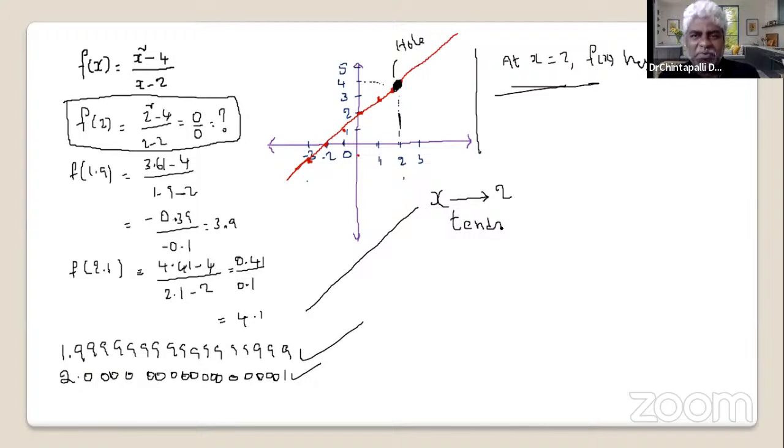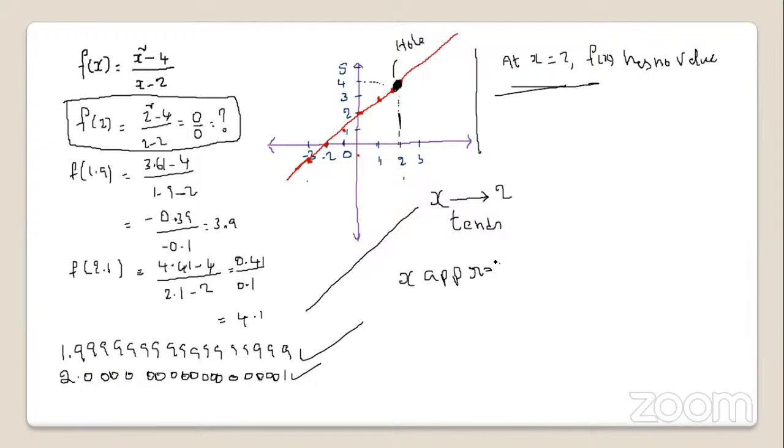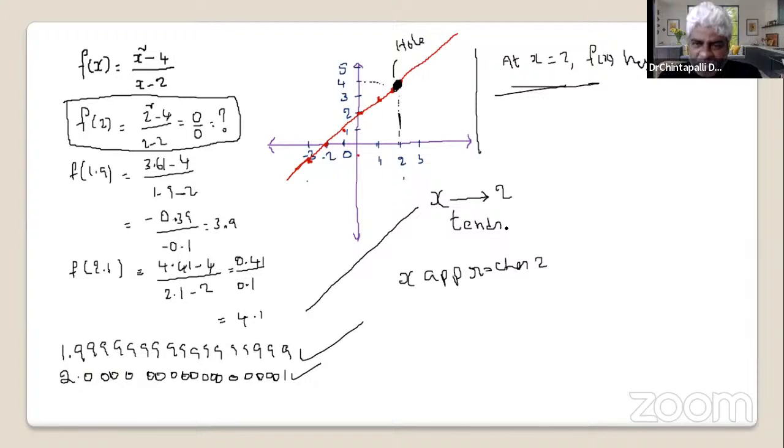X tends to 2 means x approaches 2. Its meaning is x approaches 2, right?